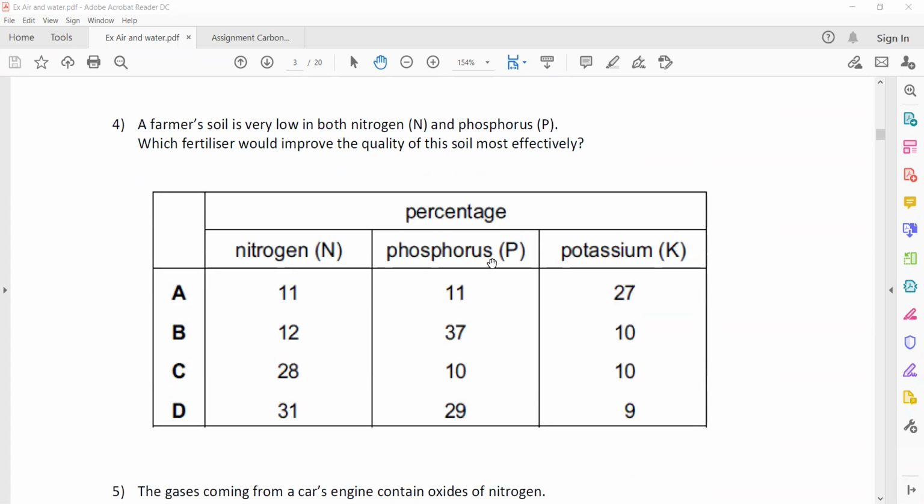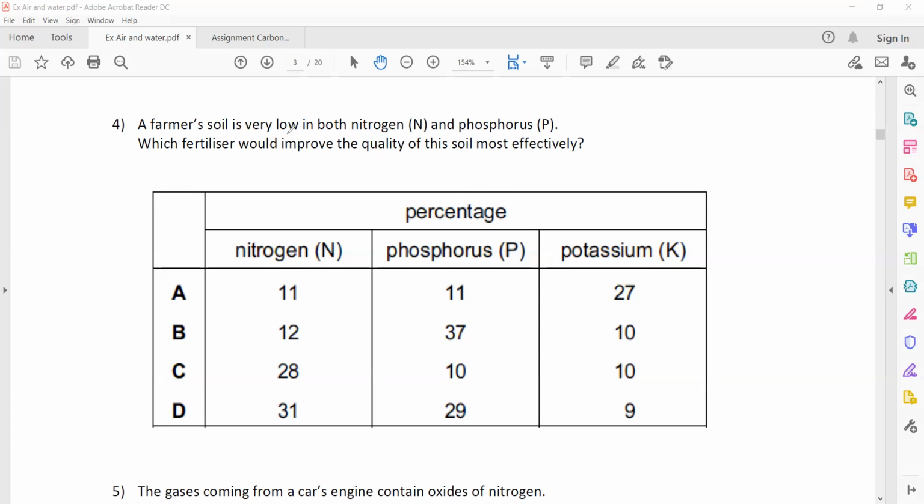Discussion is related to yesterday's topic, which is about the fertilizers. For the growth of the plant, which elements are required? We need nitrogen for the growth of the plant, phosphorus for better root system, and potassium for the fruits and flowers.